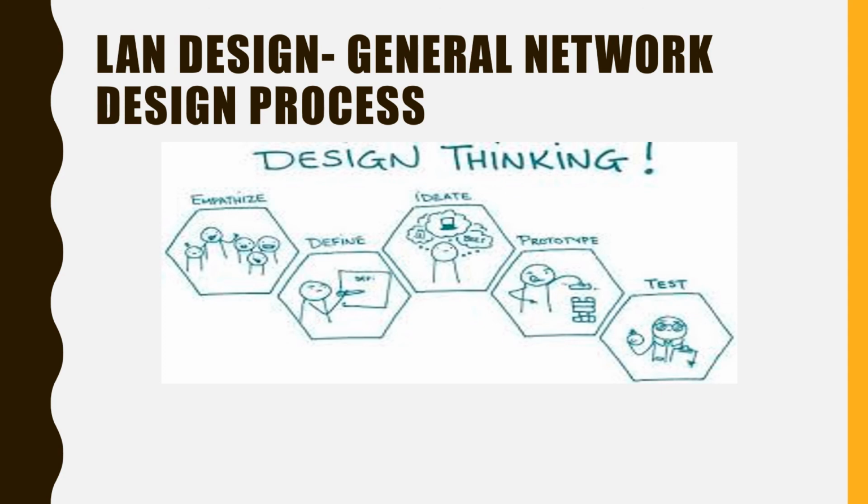First of all, we have to empathize: what requirements do we have from the LAN, how many computers are there, what speed am I going to need, what devices are to be installed, where the server should be placed. All these things are taken into consideration and written down. Then we have to define. We have a rough map of how the devices will be placed and how much distance they will have, so we make a note of all that.